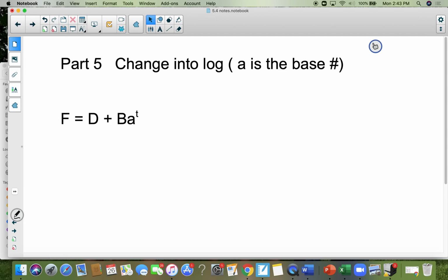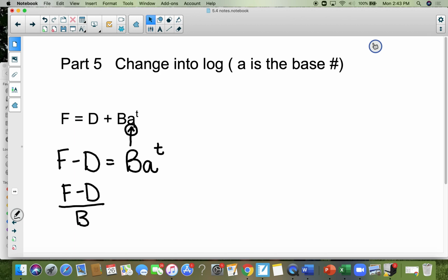Change into log form, and a is the base number, so this is a little confusing, but what you need to do is get a alone in this problem for part 5. So all I'm going to do is subtract d, and I'm also going to divide by b. They're telling you that the a is the base number.